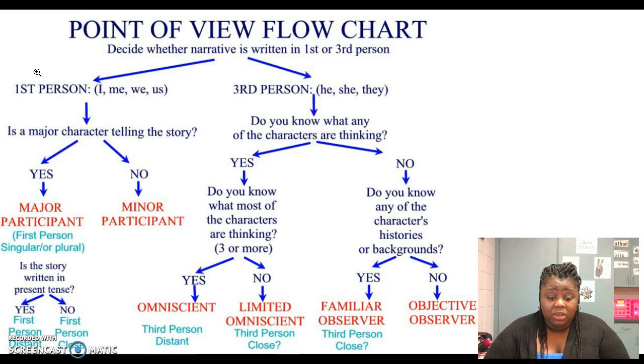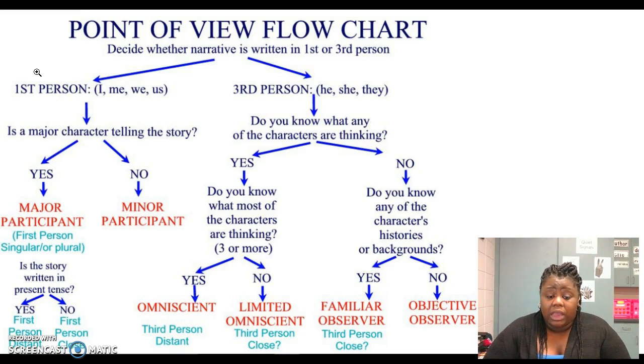They're only telling what is said and what is done in the story. So that's a major difference from the first person point of view, in which the narrator is a character in the story. In the third person objective, the narrator is just an observer and they are only telling what is said and what is done. All right, another distinction is that the narrator cannot see into the minds of any of the characters.